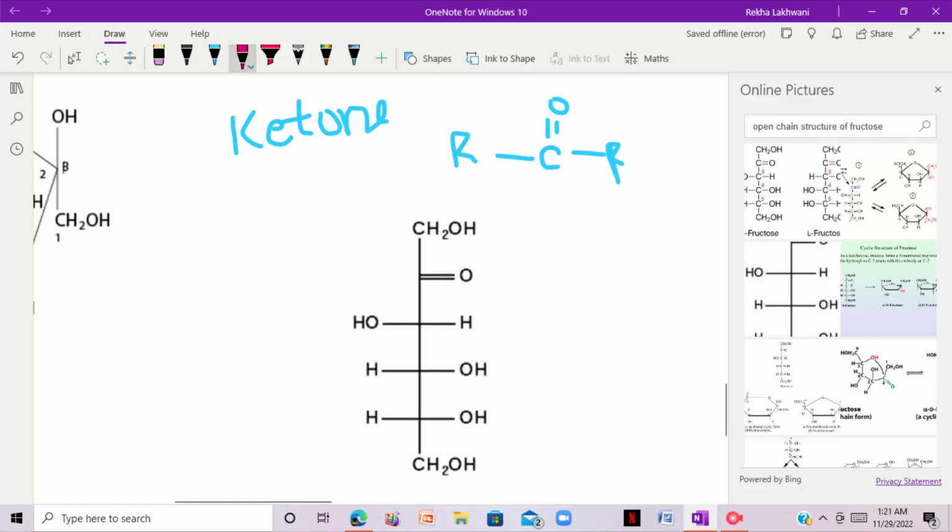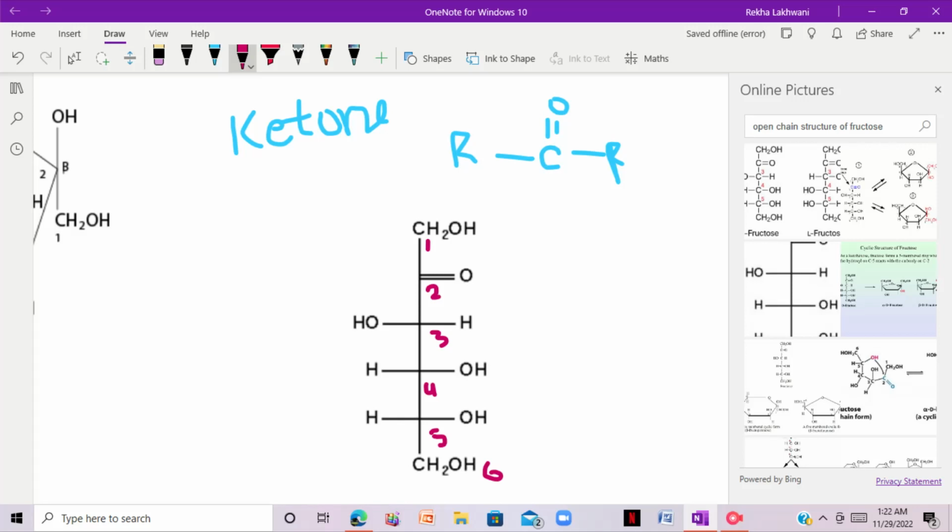Let's count the OH groups in this, right? First OH, second OH, third OH, fourth OH. So in glucose there are 5 OH in the ring structure, basically, right? But let's look at fructose.